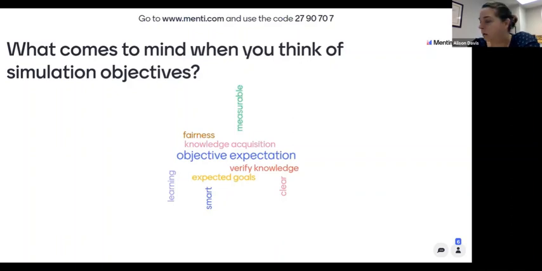SMART is the acronym we all know: specific, measurable, attainable, realistic, and timely. A lot of us use those, and they're simple, yet very hard. They can be hard to write and construct, especially when you're trying to link them to an outcome and consider all the nuances that have to go together.